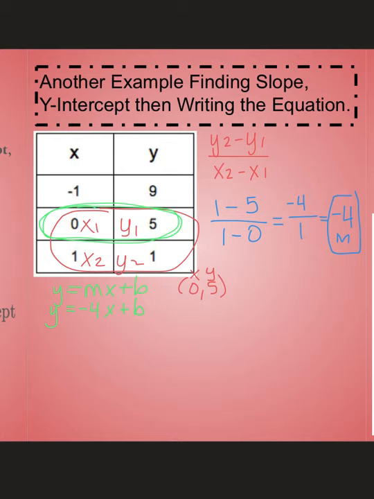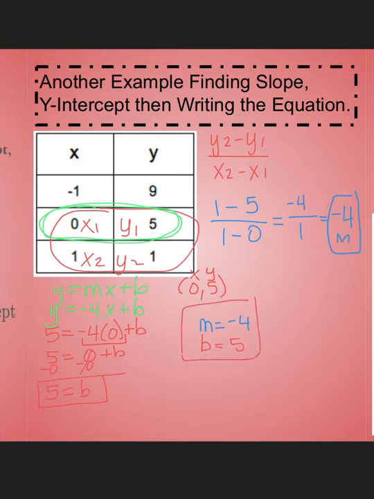So y is 5 equals negative 4, then in place of the x, I'm going to put the 0, plus b. Work this out: bring down the 5 equals negative 4 times 0 is 0. Well, if I wanted to subtract 0, I could. But 5 is equal to b. So I've got my slope of negative 4, and I've got my y-intercept of 5.